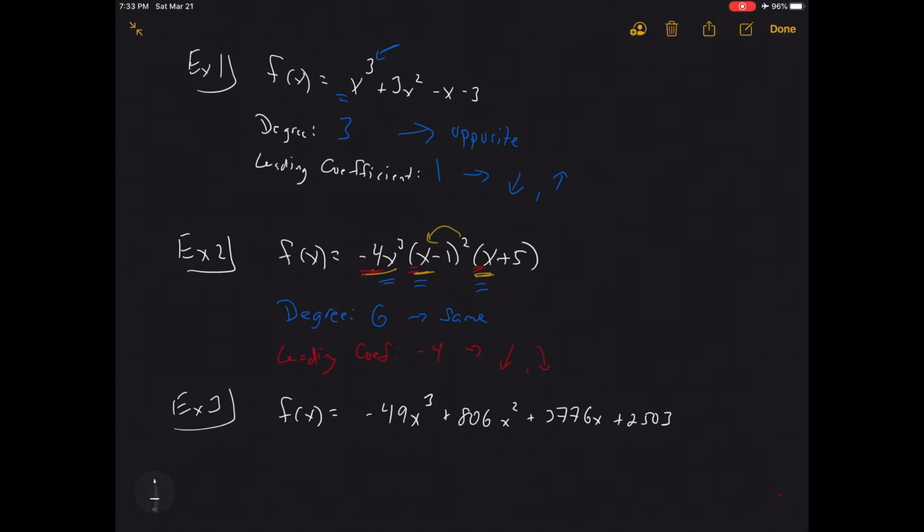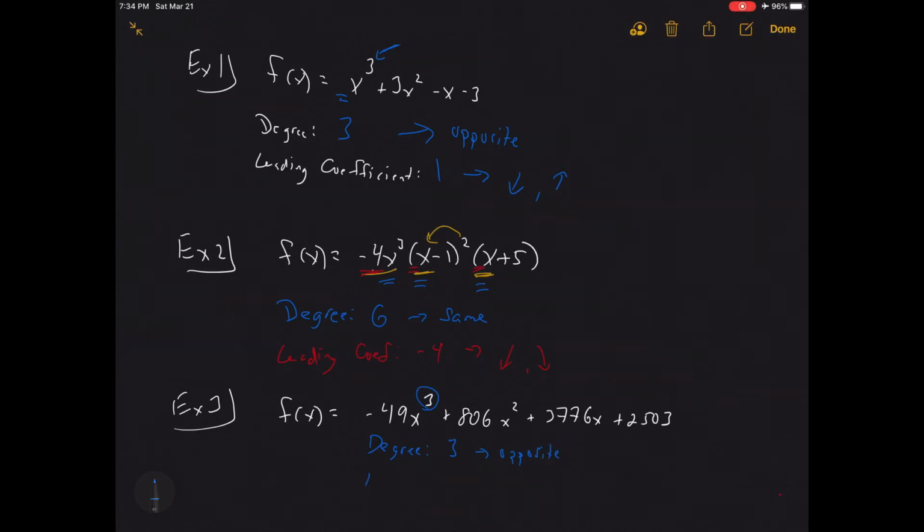The main reason I want to do this specific example for the end behavior here is because I want to make sure that you guys are looking at the right things. The degree is still the highest exponent. That should not be difficult. That's 3. So that's odd. We know we're going to go in opposite directions for the end behavior.